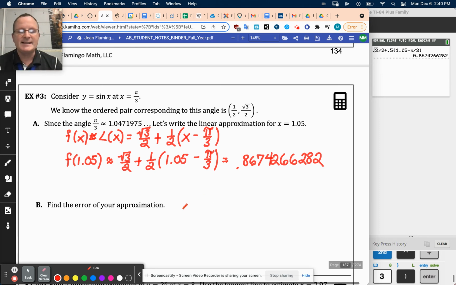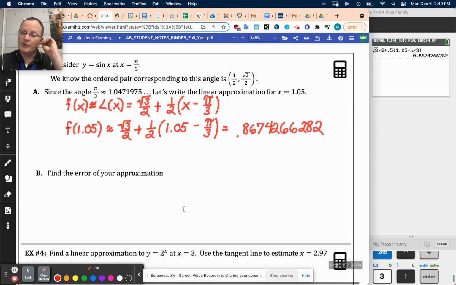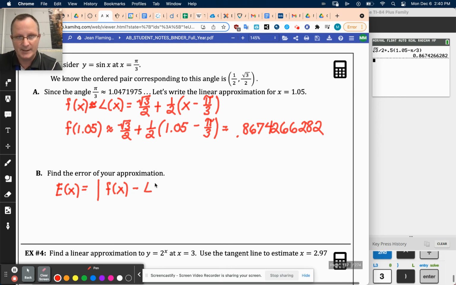And then it says the error in the approximation. Your error, they like to call that E of x. So E of x is going to be the difference between the actual function value and the approximation, and which one's on top is dependent on the concavity, but we'll talk more about that later. So the actual error is f of x, the actual function value, minus this approximation, L of x.